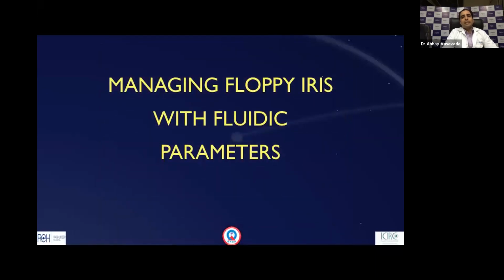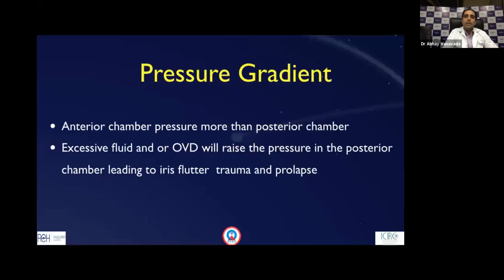This is something that inevitably happens in patients, particularly those using prostate medications. It also happens in high myopes, what is typically described as floppiness of the iris or lens iris diaphragm push syndrome. The principle here is to make sure the pressure gradient between the anterior and posterior chamber, meaning above the iris and below the iris, is well maintained.